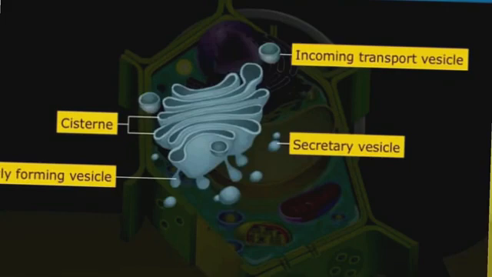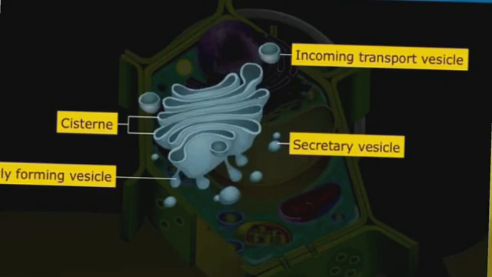The organelle is made up of several membranes which create sac-like structures and contain many fluid-filled vessels.